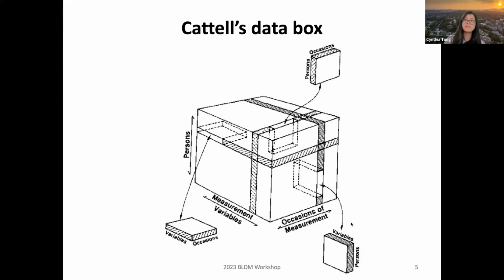In this case, we collect data from multiple subjects on multiple variables, but only at one time point, or sometimes maybe 2 time points, a limited number of time points. It's a slice from this data box, as shown here. So we have multiple subjects and multiple variables. And this is called cross-sectional data.